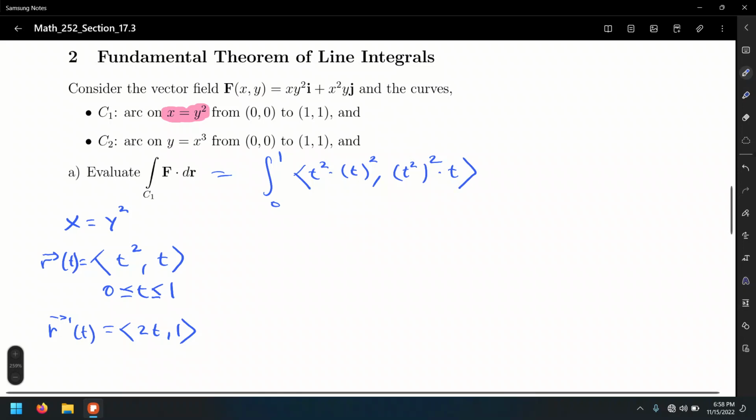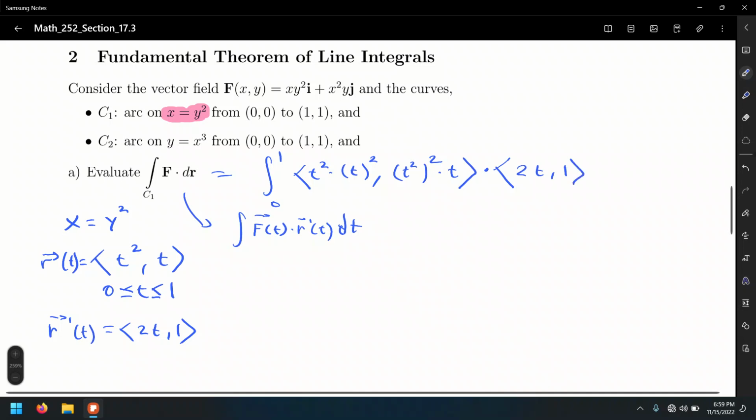Let's write this down so we can do the dot product with the differential vector that came from the derivative. That's the same as saying f of t dotted with r prime of t dt. This dr becomes r prime dt, which is simply 2t comma 1.